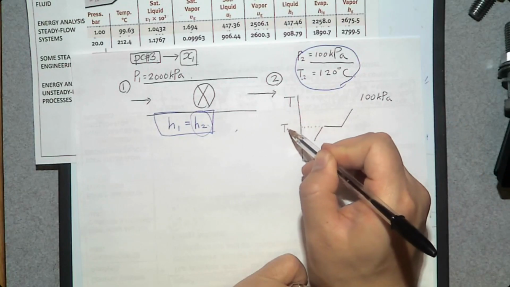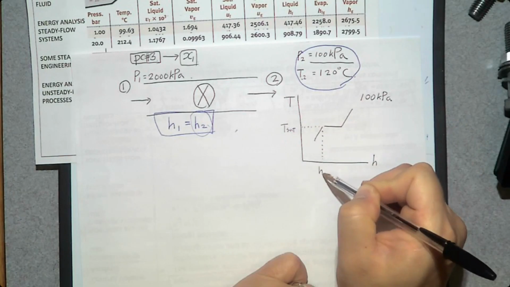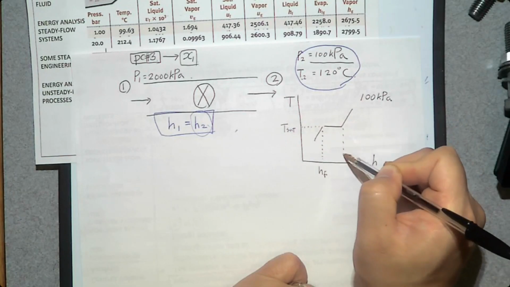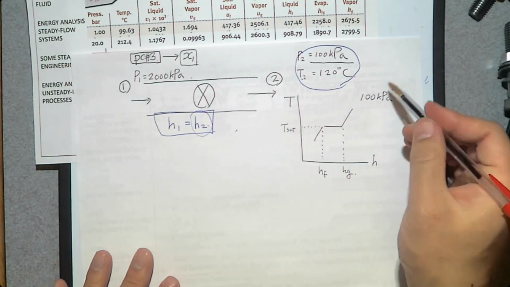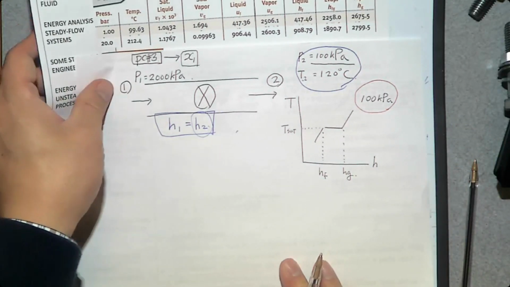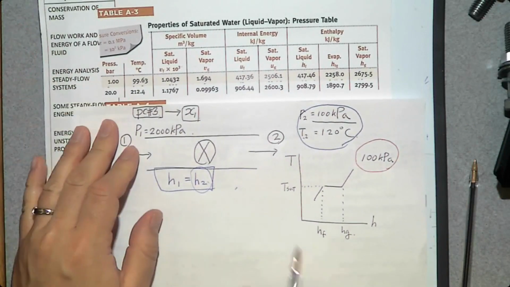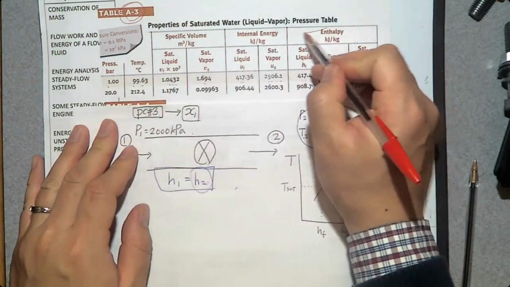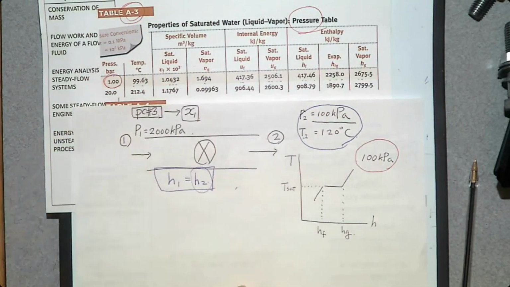They are T sat, hf, and hg. Where can we find T sat, hf, and hg? From this pressure, 100 kilopascal. So where is 100 kilopascal? On this pressure table, table A3, there is 100 kilopascal.